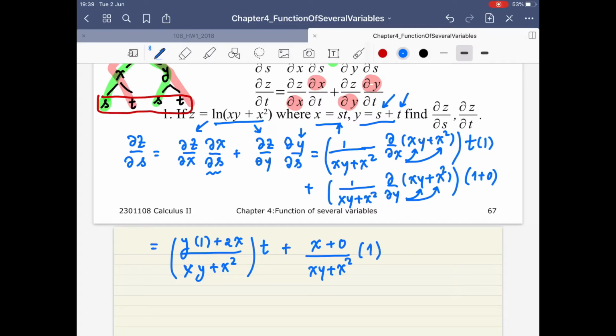Okay, and again, you don't need to plug in x and y in terms of s and t.